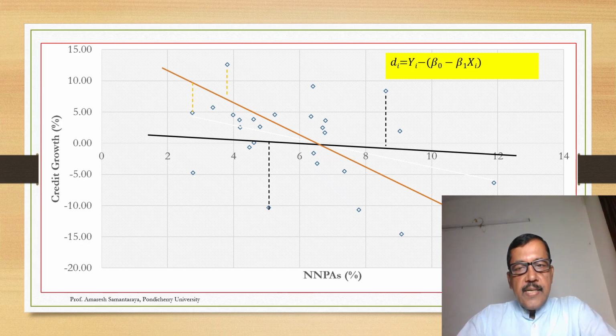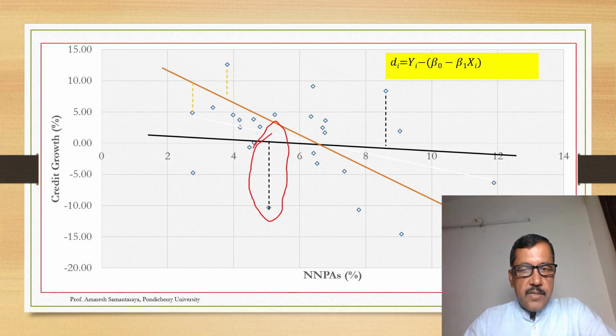We'll calculate the vertical distance between each point on this scatter plot and the black line. As you can see, I am showing this here, the black dotted vertical line, and another one here.